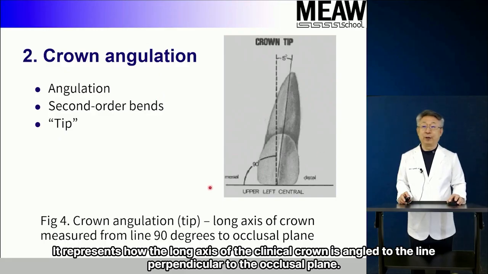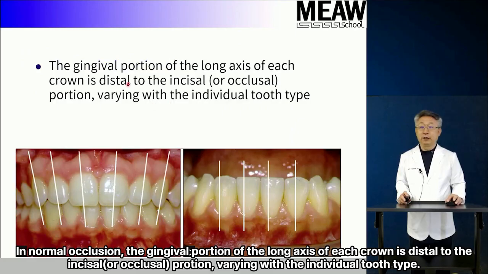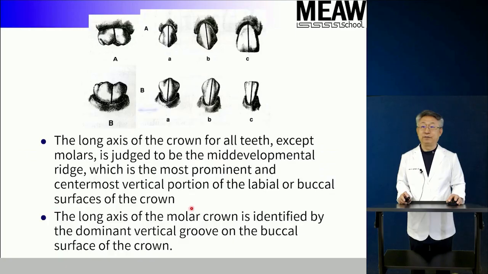It represents how the long axis of the clinical crown is angled to the line perpendicular to the occlusal plane. In normal occlusion, the gingival portion of the long axis of each crown is distal to the incisal or occlusal portion, varying with the individual tooth type.